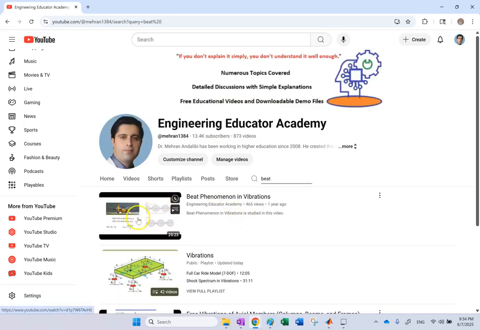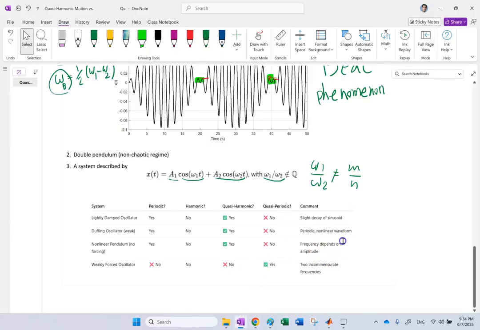I explained this beat phenomena in more detail. As I said, any system like that, and you can also see it in a double pendulum as well, when it's not showing chaotic response, because it also has two frequencies in it, and those frequencies are not commensurate. Again, you are going to see this kind of response.